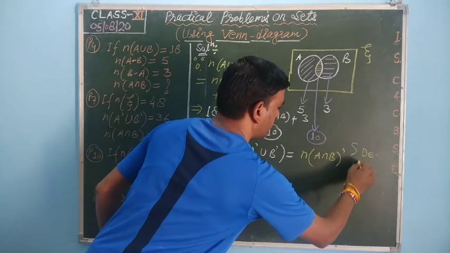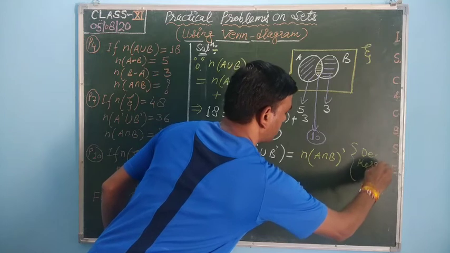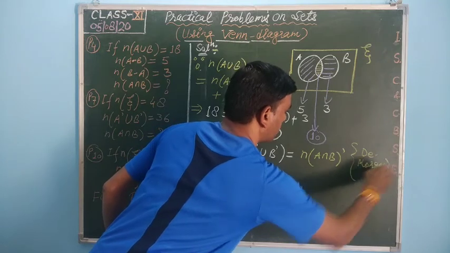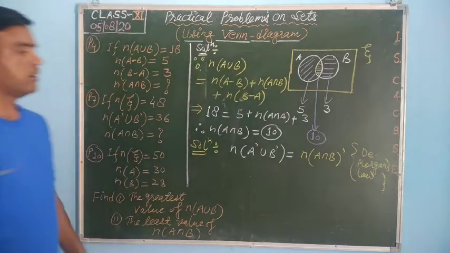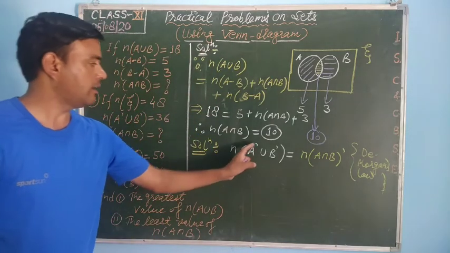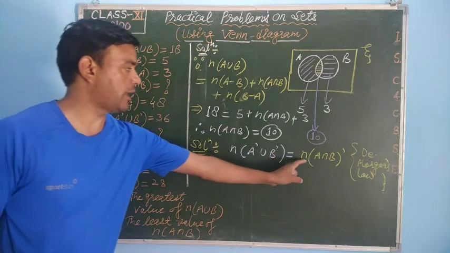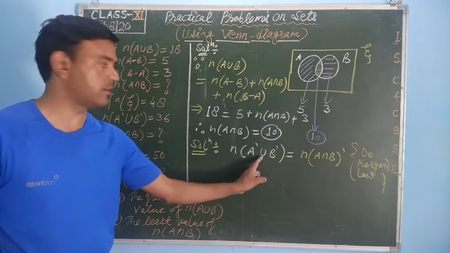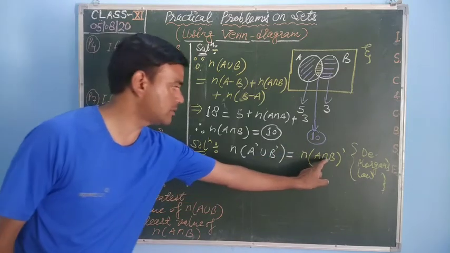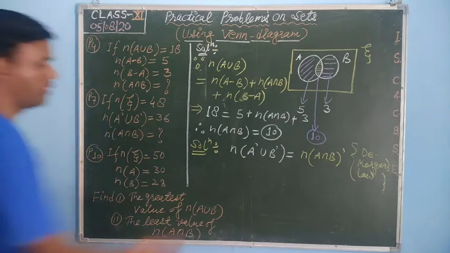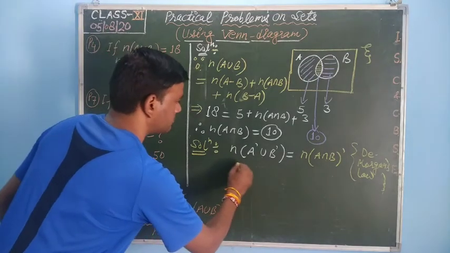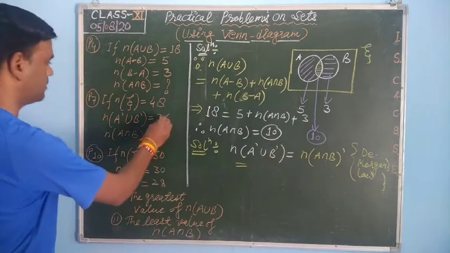So we have this formula: (A dash union B dash) is equal to (A intersection B) whole dash. This sign will reverse: if there is union, it becomes intersection, and whole dash. It means the value of this is given as 36.